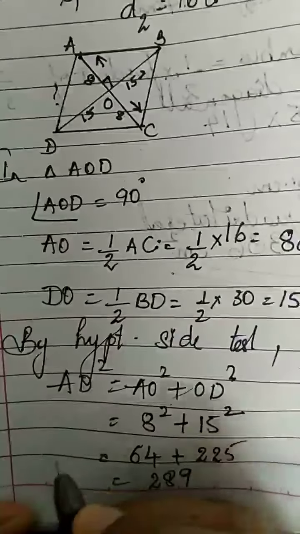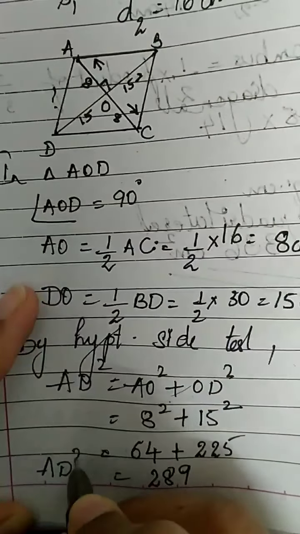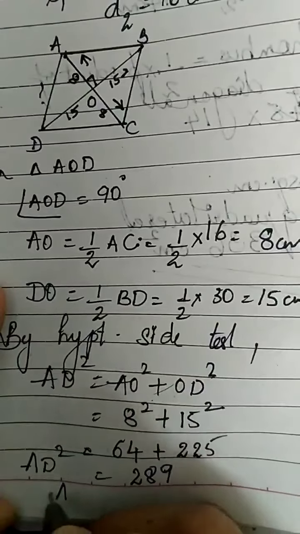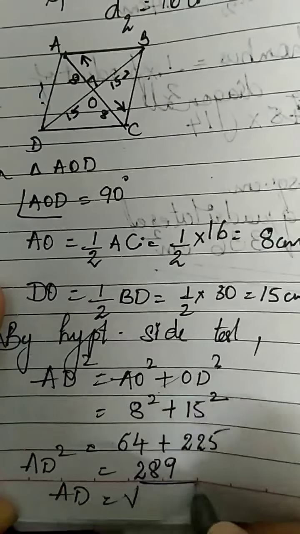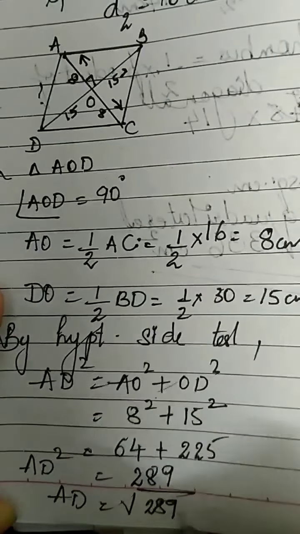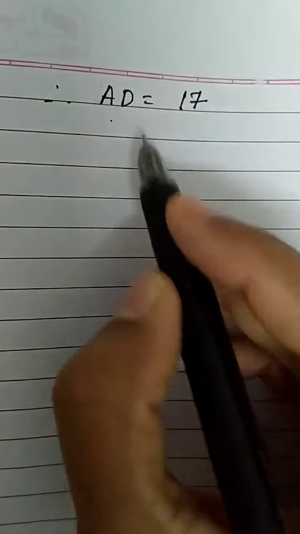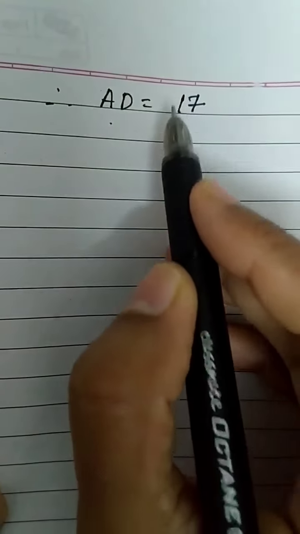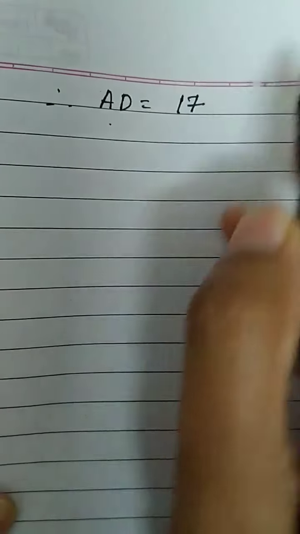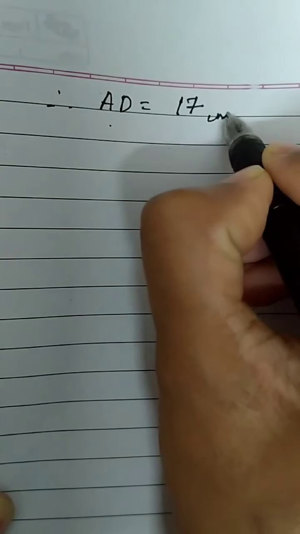Find out the square root. AD square is equal to 289, so AD will be square root of 289. Square root of 289 is 17, so you get AD as 17 centimeter.